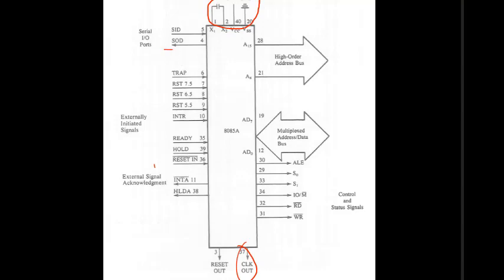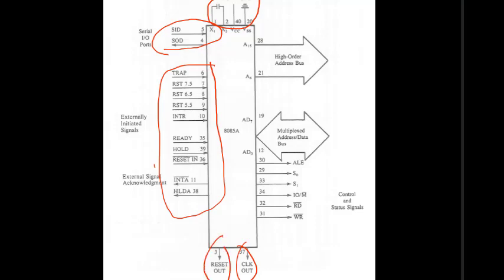Then we have the serial input output ports, the second category. This is the third category, external peripheral signals and external operations. Then we have control and status signals. Then we have the data bus, which also acts as the low order address bus. And then we have the address bus.